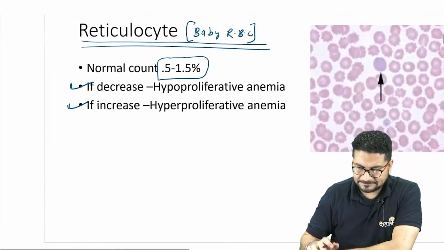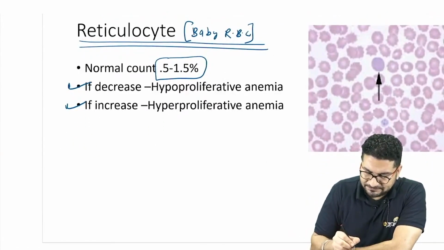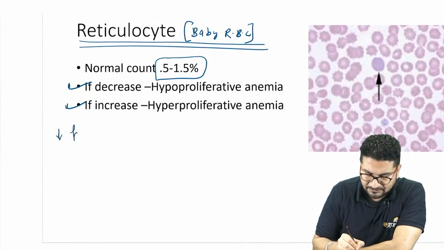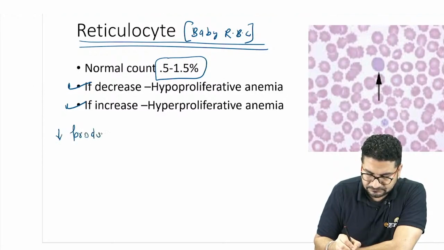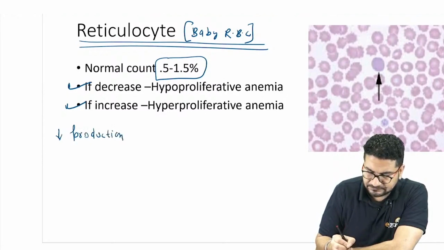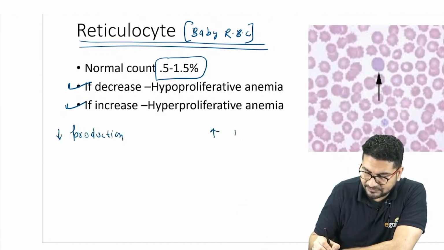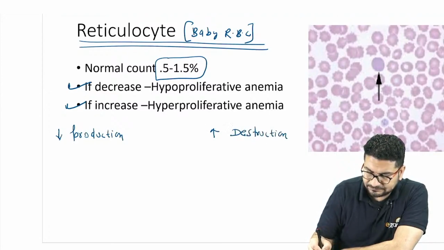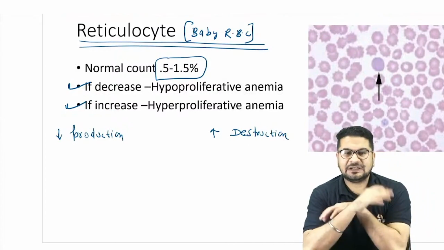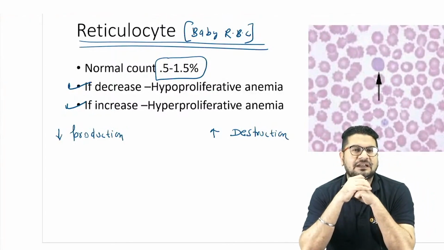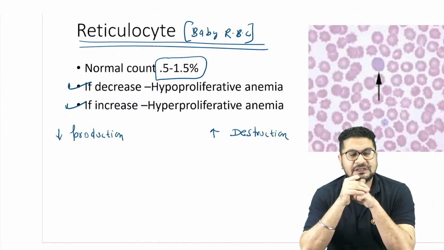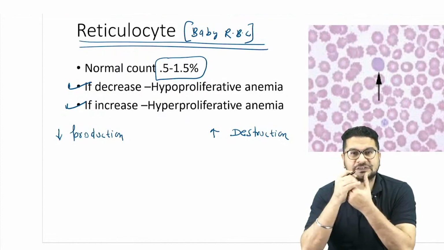Understand this concept. We have anemia due to decreased production and anemia due to increased destruction. So understand this. Normocytic anemia we can divide into two categories: anemia that occurs due to decreased production of RBC and anemia that occurs due to increased destruction.